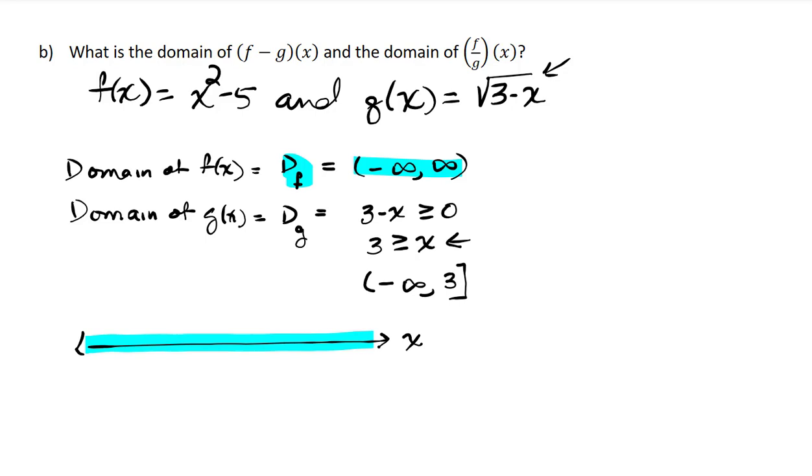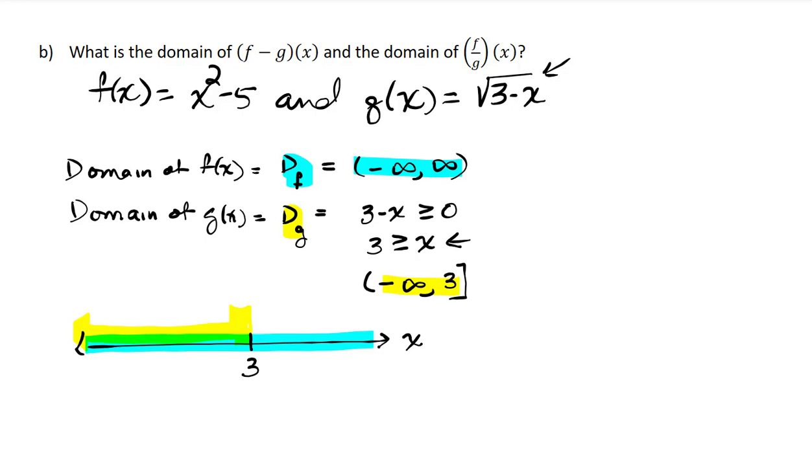That would be everything from negative infinity to positive infinity. And for the domain of g of x, let's highlight that set in yellow. That's from negative infinity up to the value 3, inclusive of 3, and therefore on the number line, that would be everything up to the number 3.